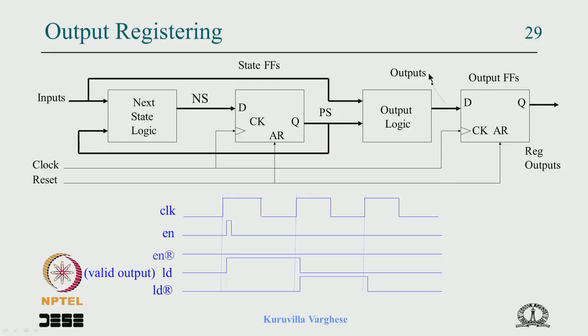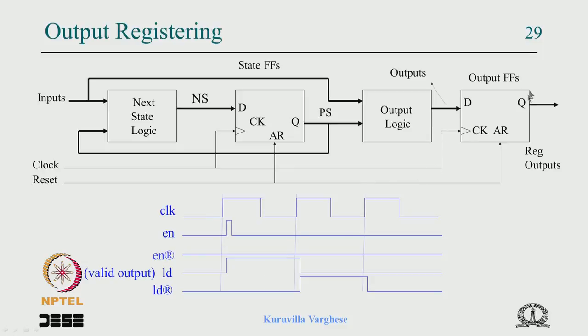Earlier we used to take the output here, now you look at it. Suppose we have an enable output which is glitching, and which is coming here. There is a load output which is a valid output, then you see the difference. When the clock comes at this clock edge, nothing happens, enable is not high.